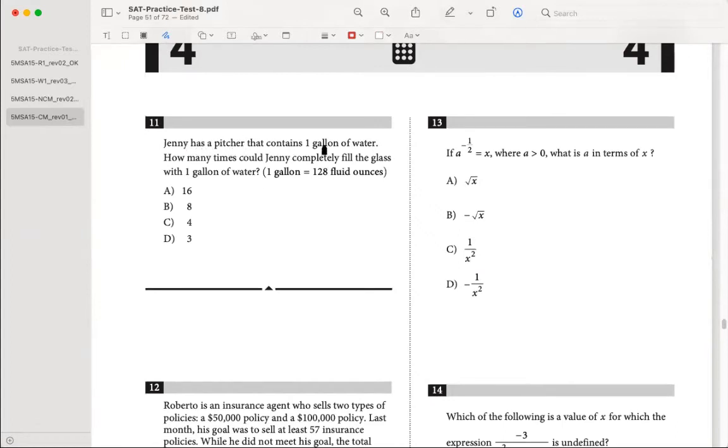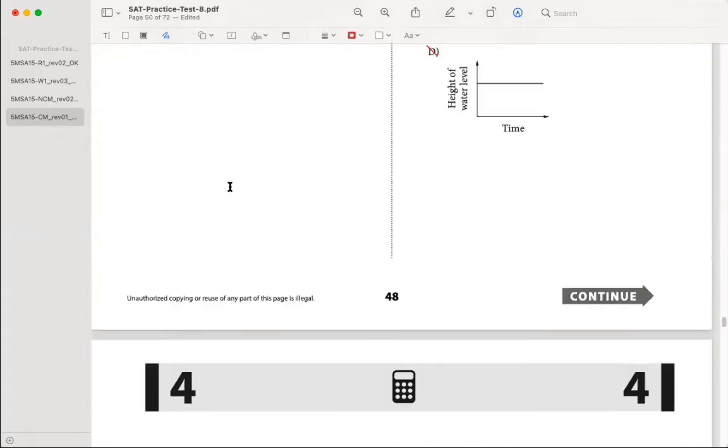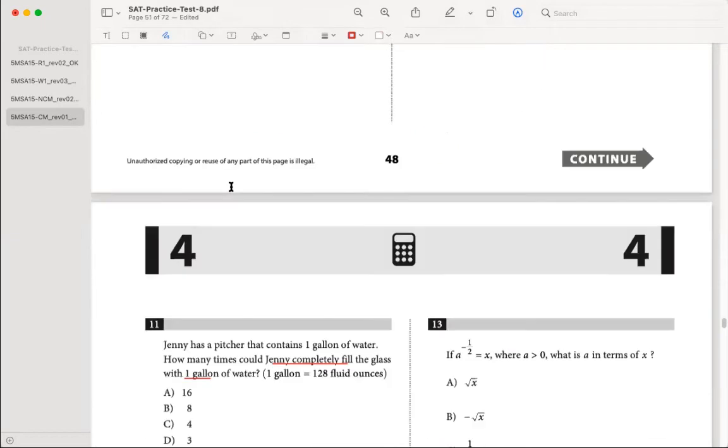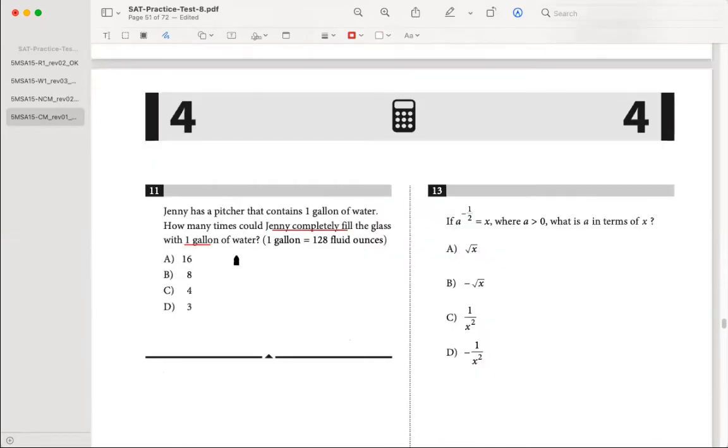Kenny has a pitcher that contains 1 gallon of water. Any takers towards what the answer should be for this one?